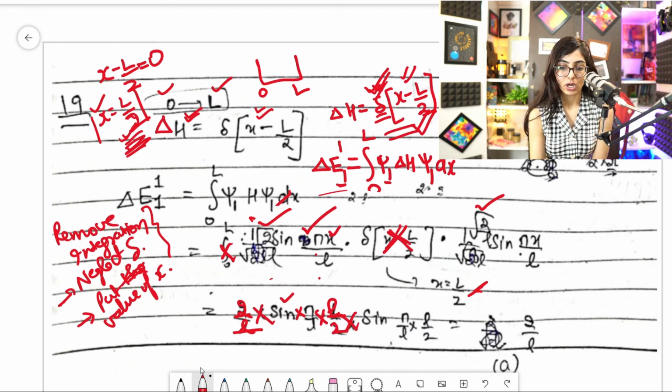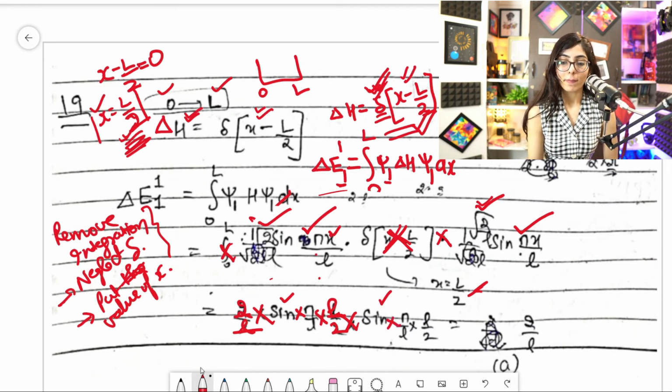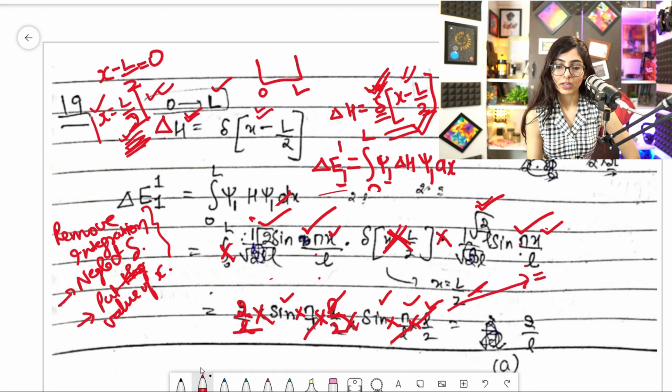This part I'll not count. This is already counted, so I'll take this part now. That would be sine into pi by L into x, and the value of x I have already solved, that is L by 2. So this L and L cancel out. It would become 2 by L into sine pi by 2.